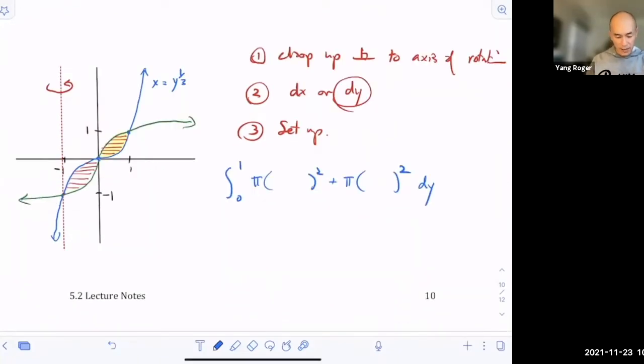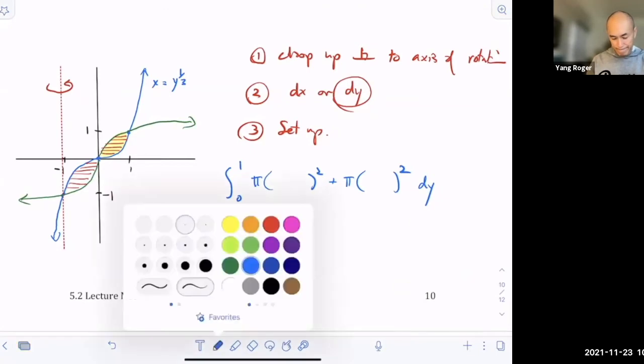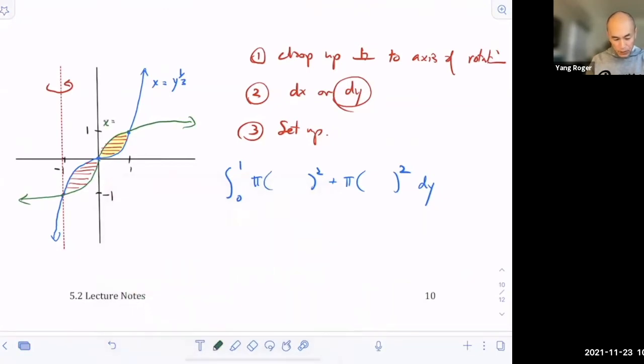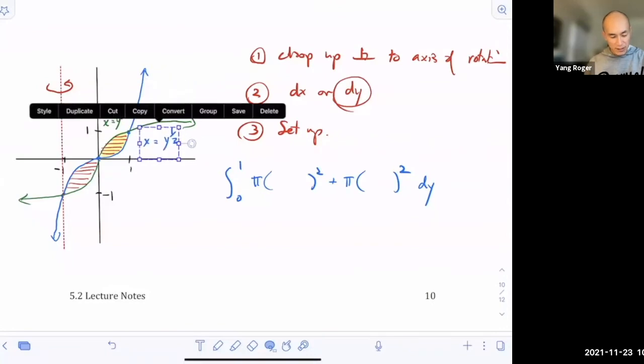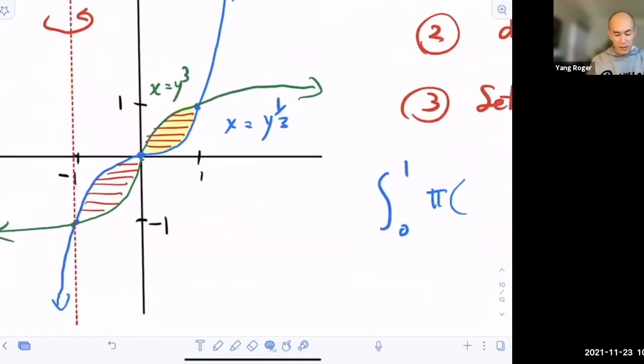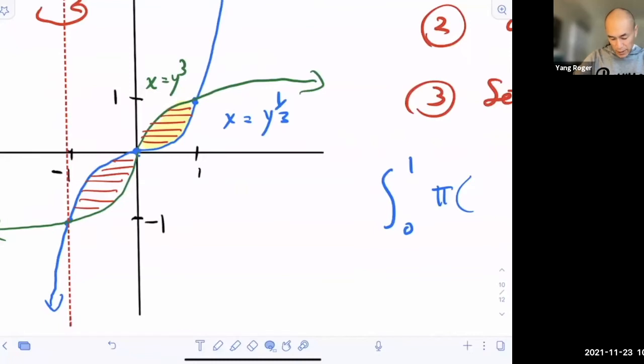And then the green graph would be x equal to y cubed. Maybe I should move it down here so it's right near the thing. All right. So when we say x equal to y cubed, they're saying that that's the distance from here to here.